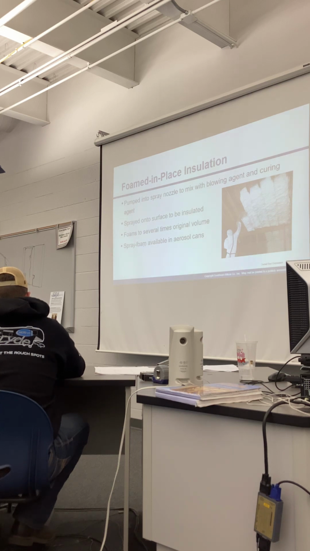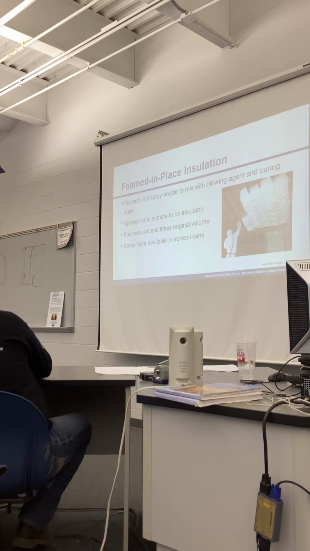So if you really think about it, you normally have more ceiling and walls than you do floor space. So if you have a 2,000 square foot house, you might have 4,000 square feet of insulation, walls and ceiling and floor. Maybe 6,000 if you foam the floor too.